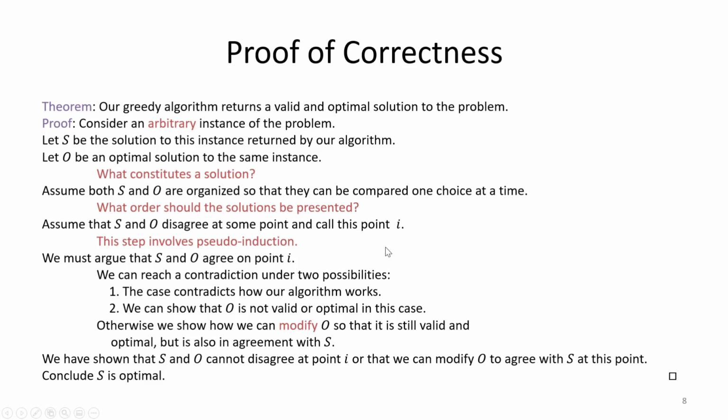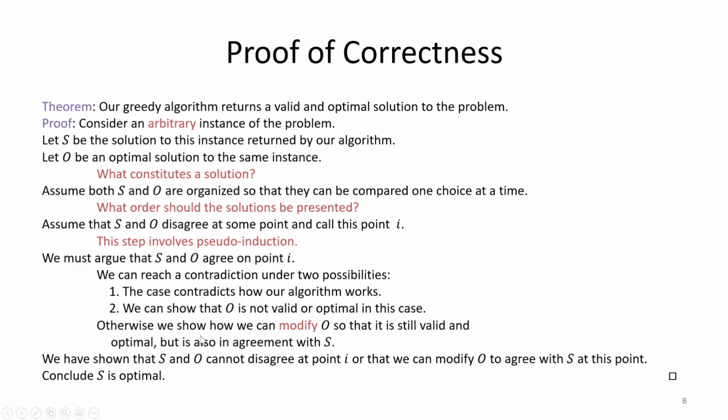And again, I'm double negativing here. I'm assuming they do disagree at this point, point I. For the sake of argument, that might result in a contradiction, meaning no disagreement could have ever arisen. Or we can do that swap argument. Okay, show how we can modify O and still argue that it's valid and optimal.